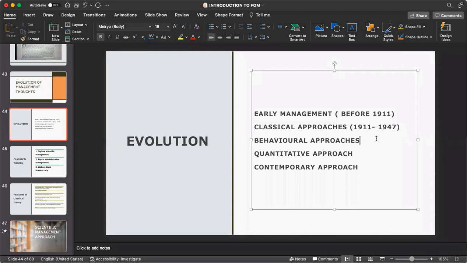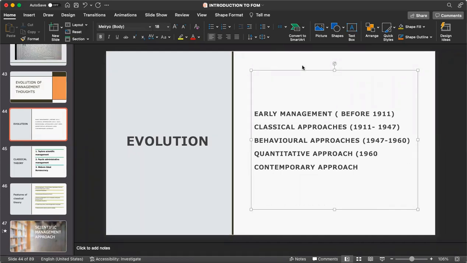Then the behavioral approach is from 1947 till the 1960s. Then the quantitative approach is from 1960 to the 1980s.